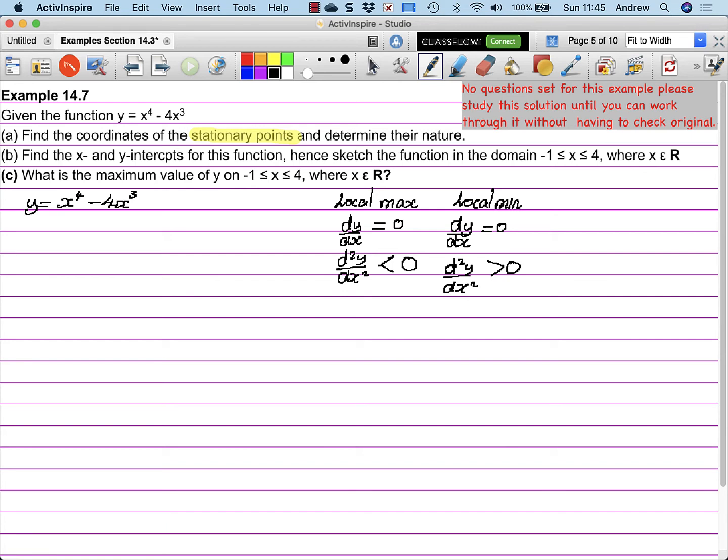And then we've got one more stationary point. And the very, very last stationary point is a horizontal point of inflection. And for a horizontal point of inflection, we have dy dx is equal to 0, and d2y by dx squared is also equal to 0.